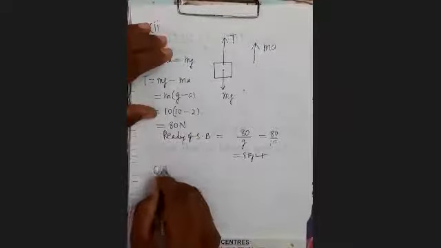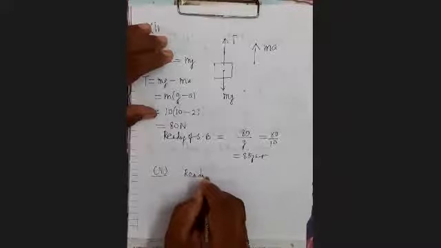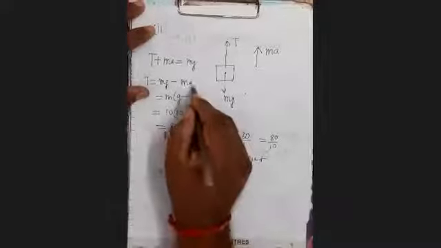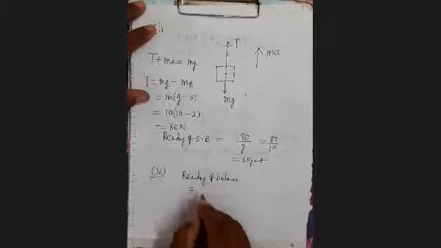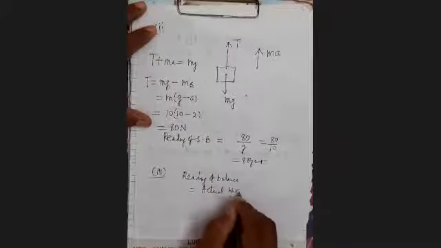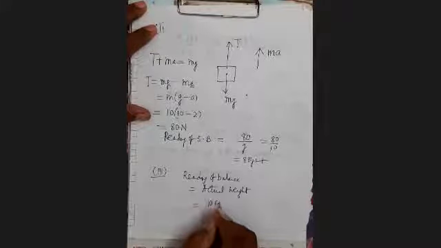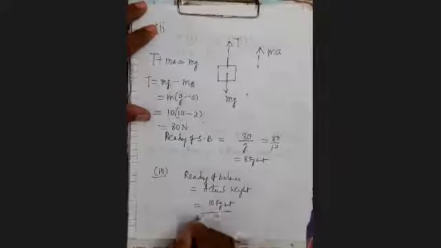Third part, reading of balance. Because it is moving with constant velocity, a will be 0, so T will be equal to mg. So the reading of the balance will be equal to the actual weight. And what will be the actual weight? Mass is given 10 kg, therefore it is 10 kilogram weight.